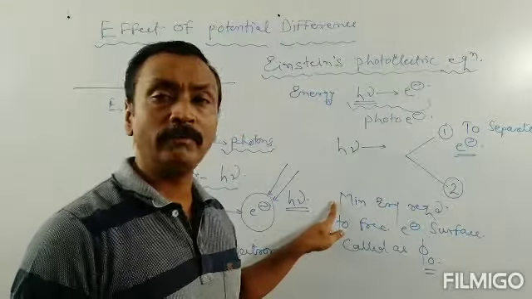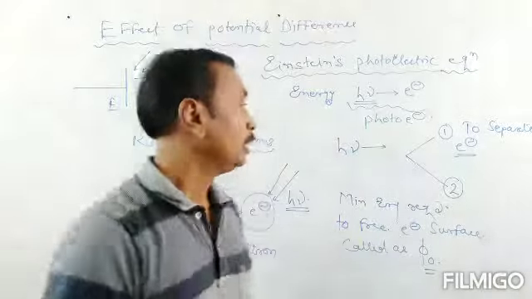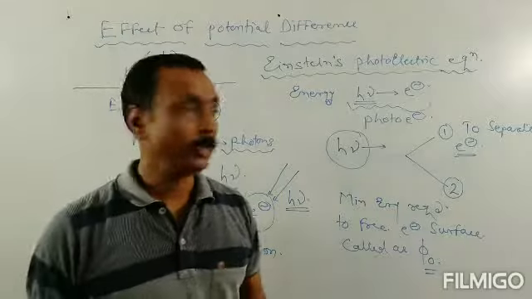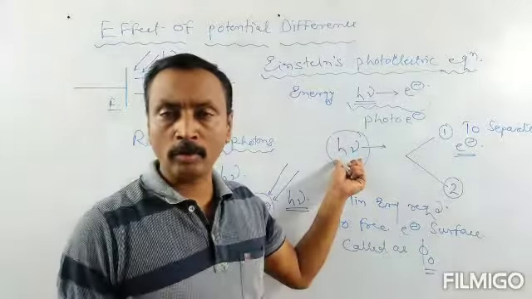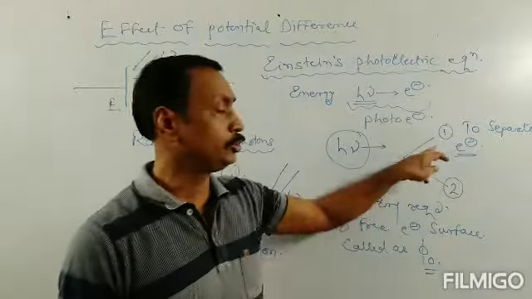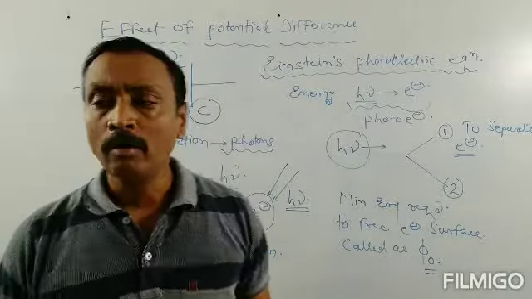So the minimum energy required to free the electron from the surface is phi0. The photon's energy is h nu. Some of this partial energy is used to free the electron from the surface, which is called phi0.